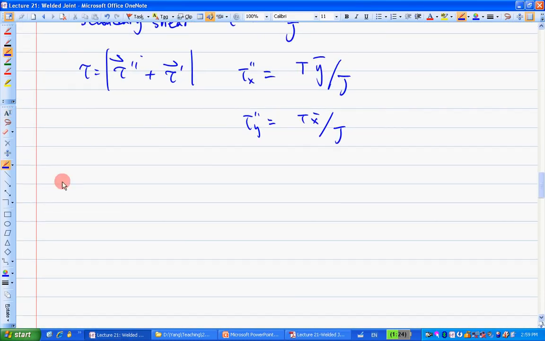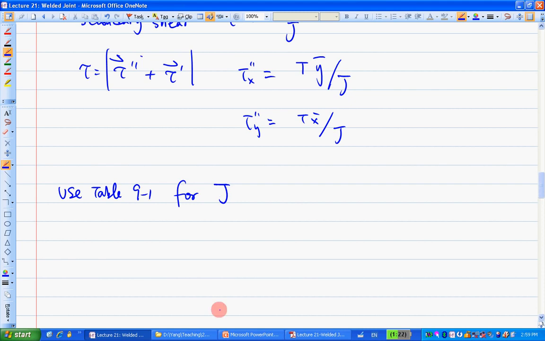We use table 9-1 for J. Now you have to be careful here. You only use this table for the J, because we have another table, 9-2, for the I. What is the I again? Second moment of area, right? And this is the polar moment of area.